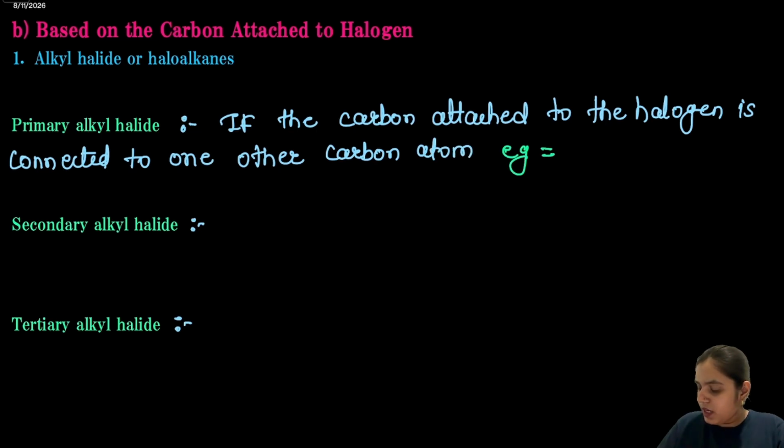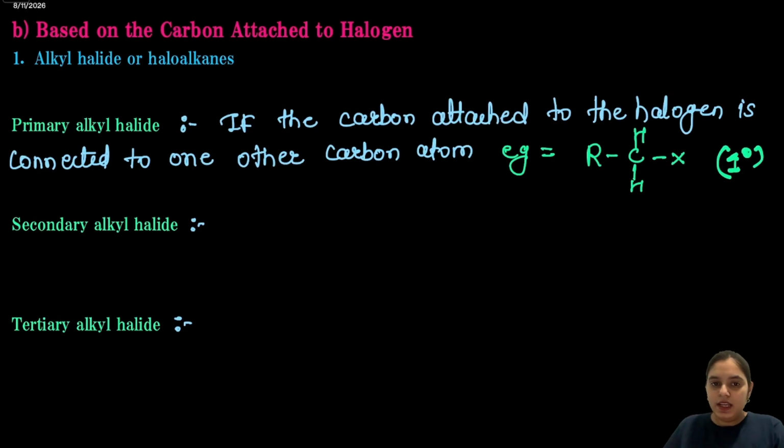Example of primary alkyl halides are CH3CH2X. Okay, means halogen atom is attached to the carbon which is attached to one carbon atom. Okay, then it is called a primary alkyl halide. Next is secondary alkyl halide.